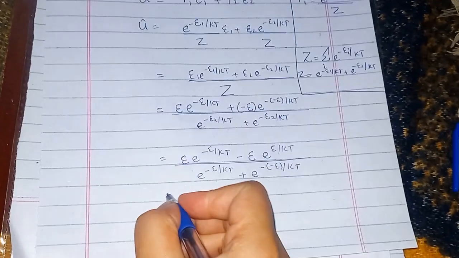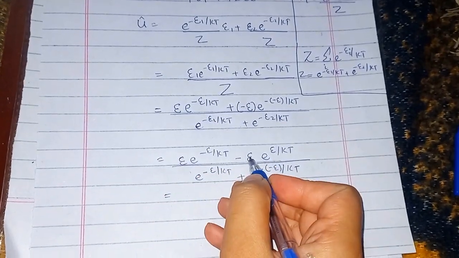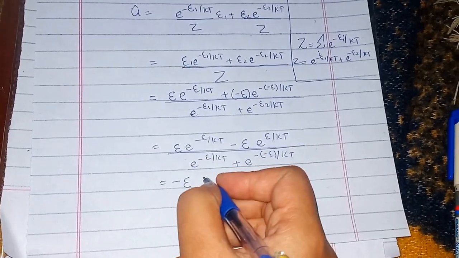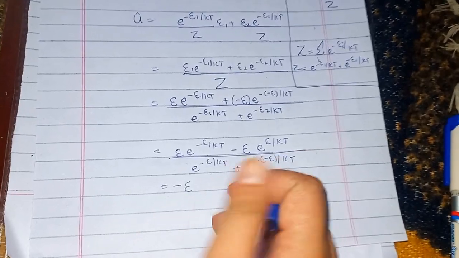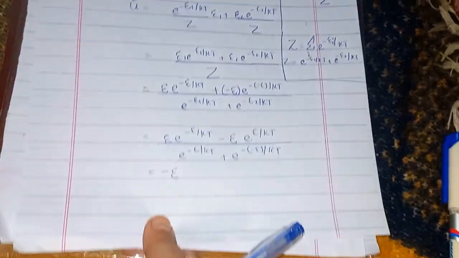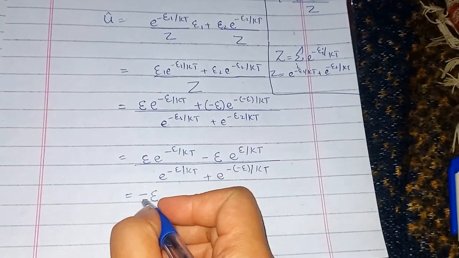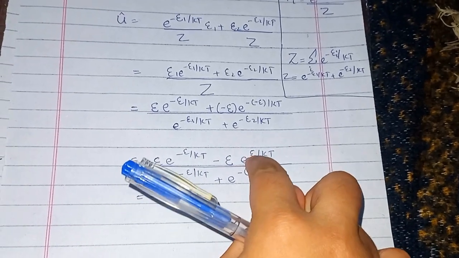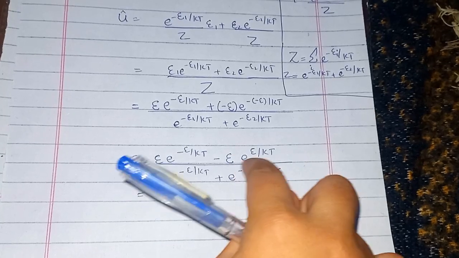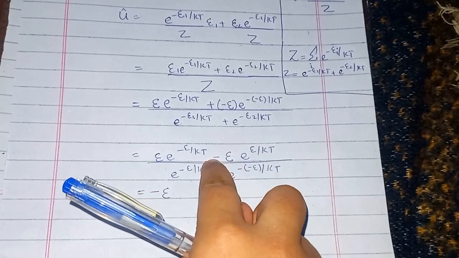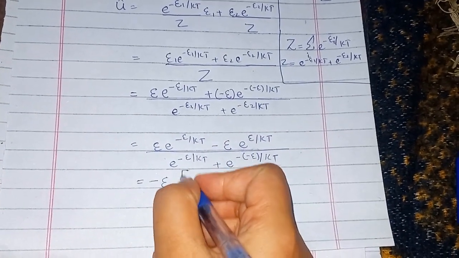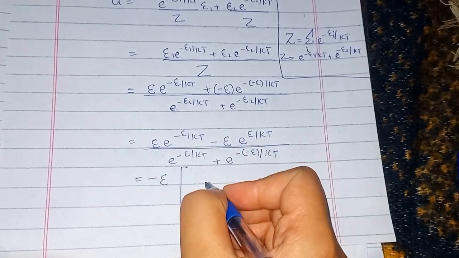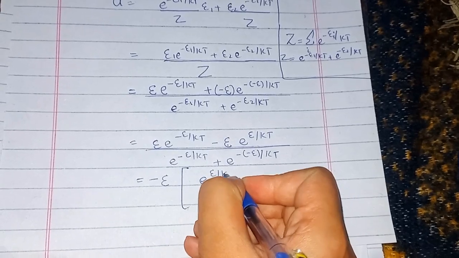Let's simplify. Here E could be taken as common, and I'm taking negative E as common. I'll tell you the reason afterwards because it leads to a formula that I want to make. I'm taking negative common because I want to make the term with the exponent positive, so I'm taking negative common from the numerator as well. E is also taken common, so it's e to the power E by kT left.